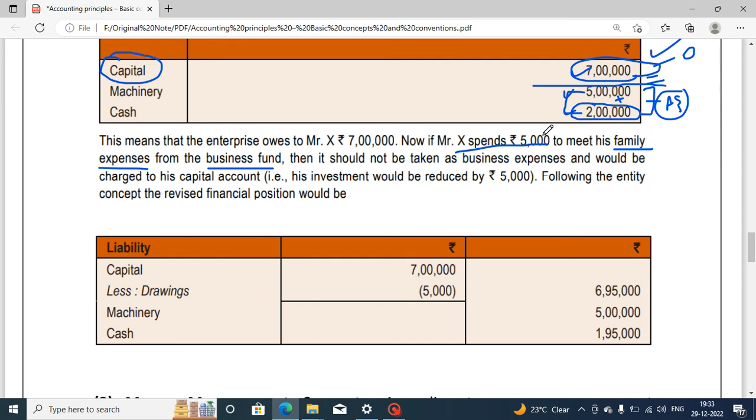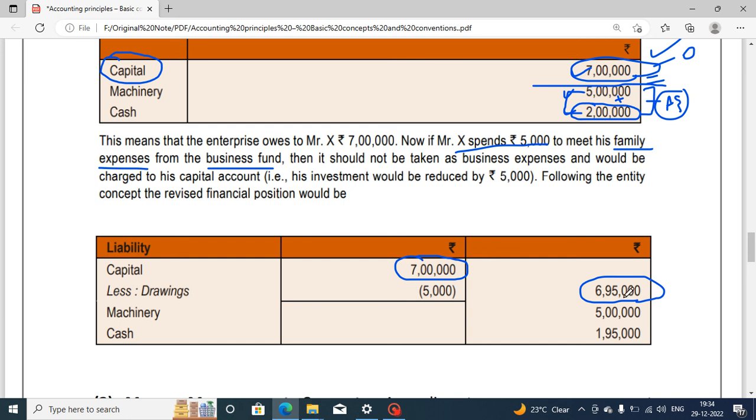We simply deduct 5,000 from the 7 lakh capital, that is the liability of business, and we reduce the claim of owners to 6,95,000. So this is how we are separating the personal transactions of the owner and showing it in the balance sheet as liability.